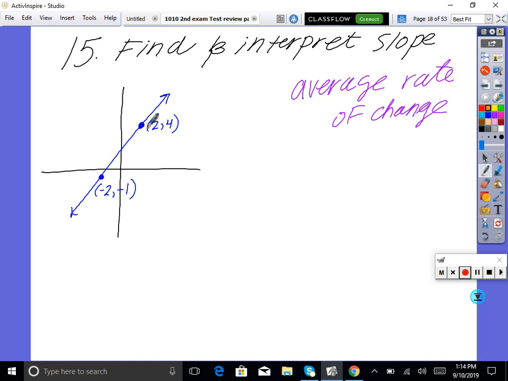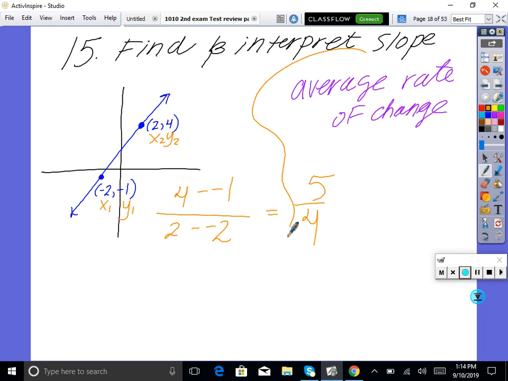This is x, y. What comes first? This is our first point, second point. So our slope is y2 minus y1 over x2 minus x1. The minusing negatives is usually where people make their error. That'd be 5/4, so you'd say the average rate of change is 5/4.